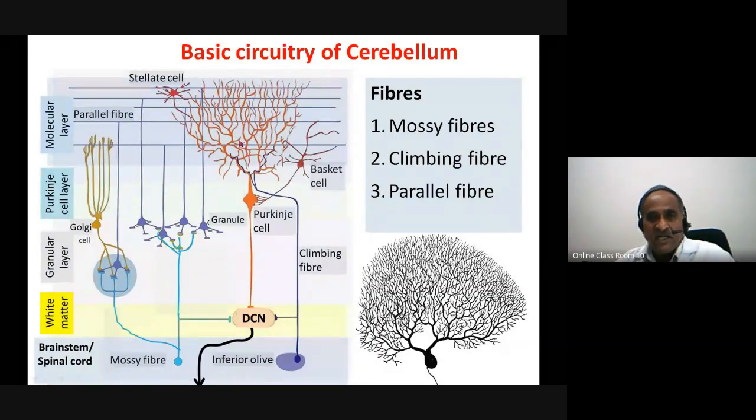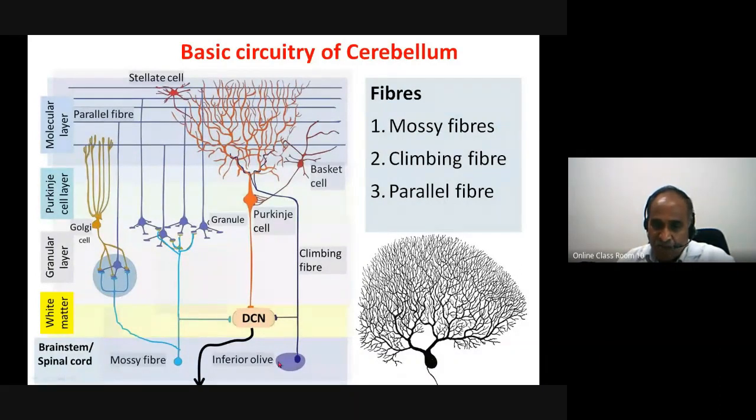The activation of the stellate cells and basket cells excites them, and their output is inhibitory to the Purkinje cell activity, which I mentioned as feed forward inhibition. So even before the arrival of the Purkinje cell activity, they are trying to inhibit it. It is for focusing or sharpening of the activity of the Purkinje cell. So that is about the mossy fiber.